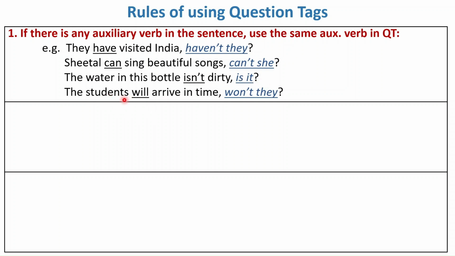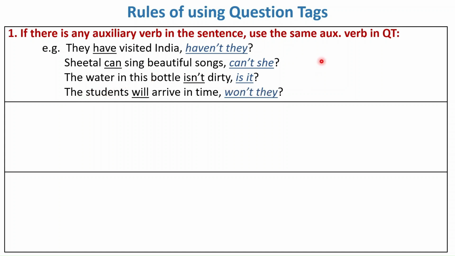Similarly, the students will arrive in time. Won't they? The negative of will is won't they. The students, this is noun, plural noun, therefore we use they to replace this subject.